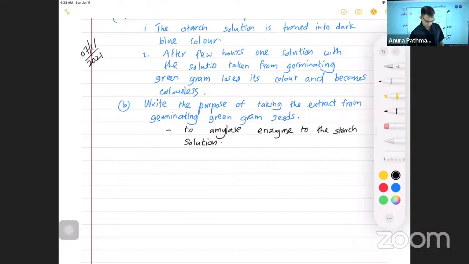That is the purpose of obtaining the germinating seeds.